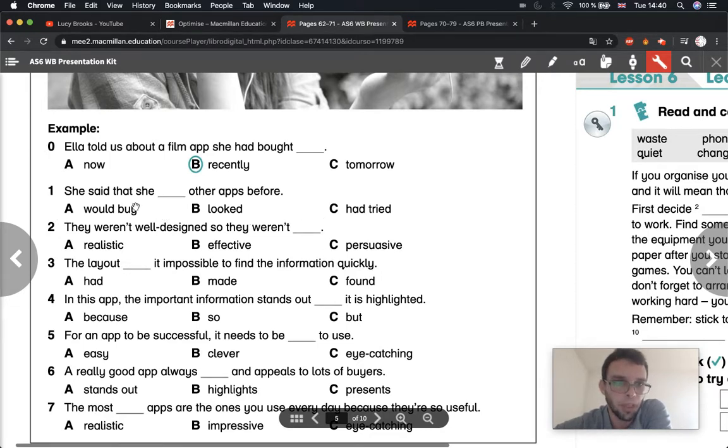She said that she had tried. Now you can't say would buy because that would imply the future, and it says before, so that means it's in the past. She said that she looked other apps. It can't be looked because we have to say looked at. So the only one that fits grammatically is this one, had tried. All right.